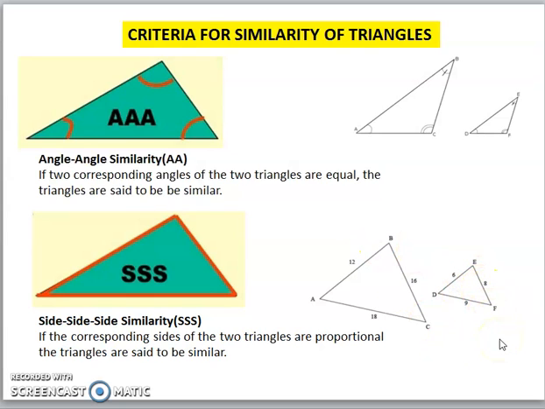So you can say that triangle ABC is double of triangle DEF. All the sides are double. So the ratio is 1 by 2. Here 9 by 18 also is 1 by 2. 8 by 16 is also 1 by 2. And 6 by 12 is also 1 by 2. So the ratio of the sides is coming equal. So here you can use SSS criteria.